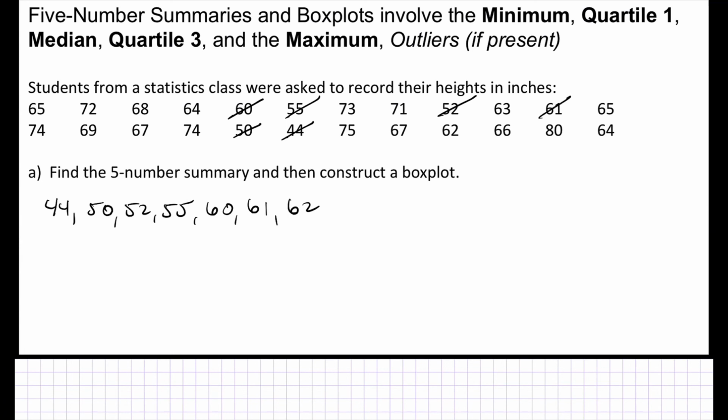60, 61, 62. I got a 63, 64, two 64s, two 65s, 66, two 67s.